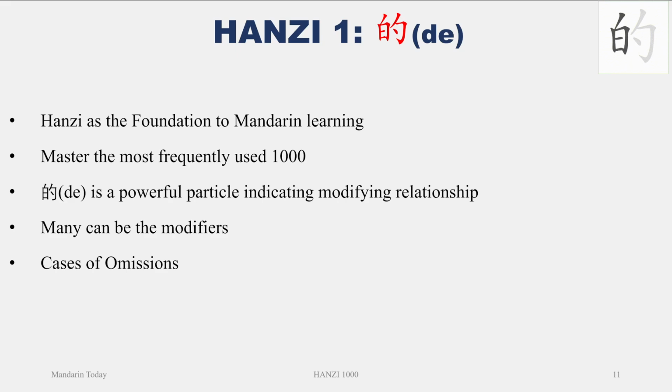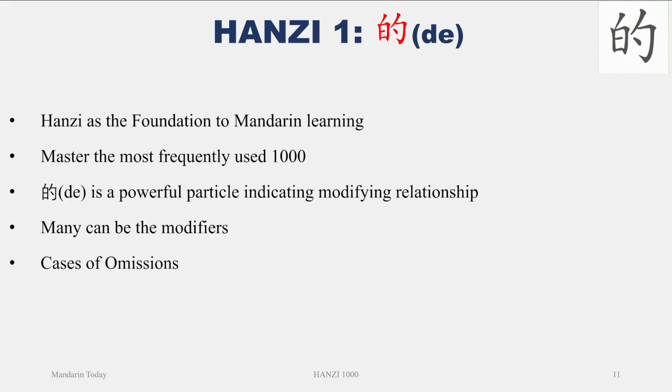And 的 is a powerful one, but by itself we can't really learn much. So we just learn basically its two grammatical functions. One as the attributive particle, connecting the attributive, which can be played by a noun, an adjective, a verb, and also phrases.